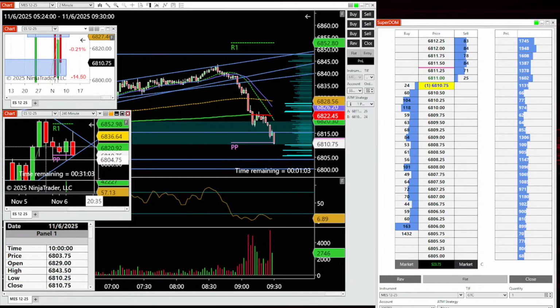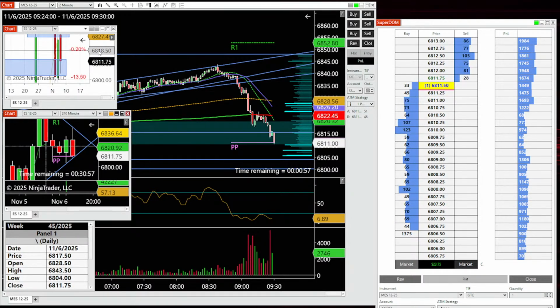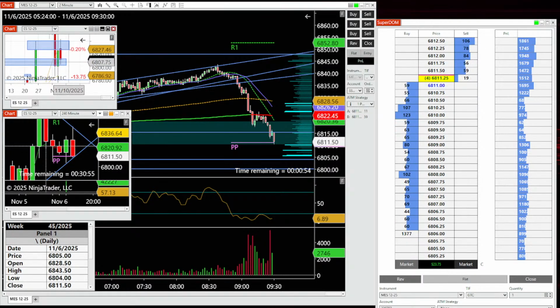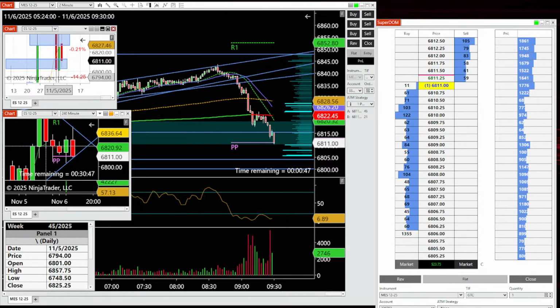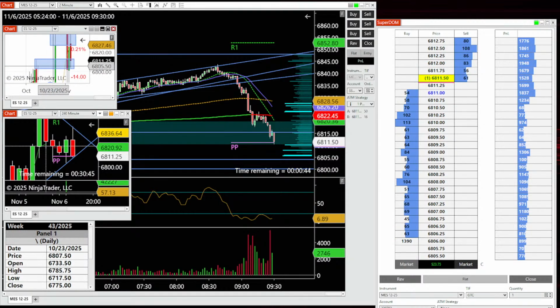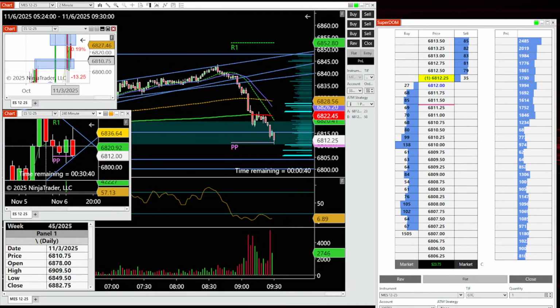Overnight lows is over 04. We're coming back into this area that I got highlighted. Yesterday, this is where price stayed in this area a bit.